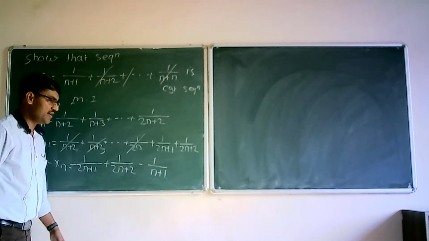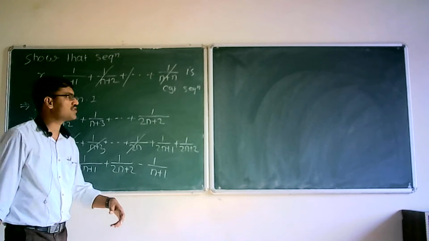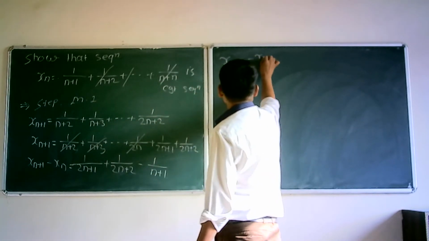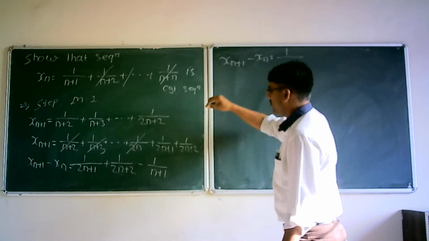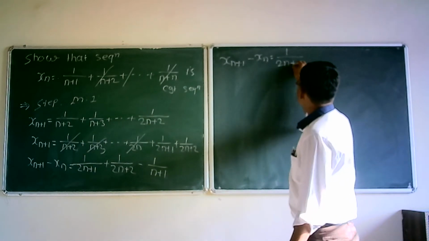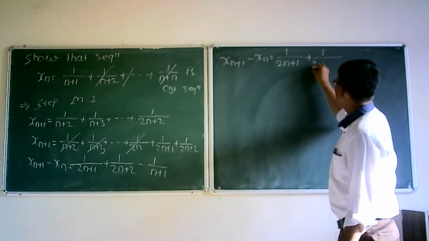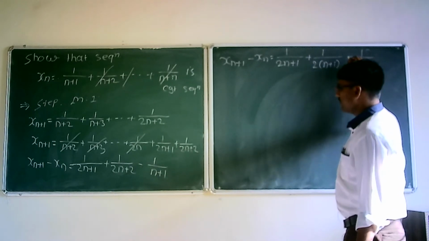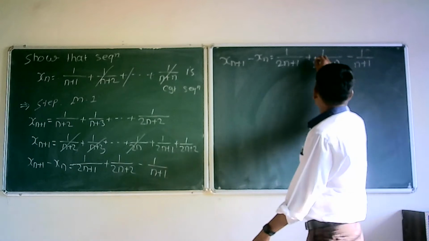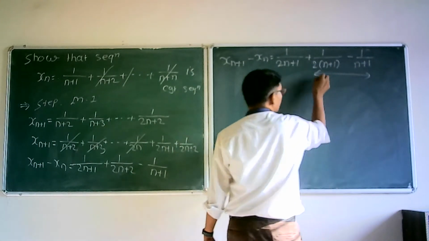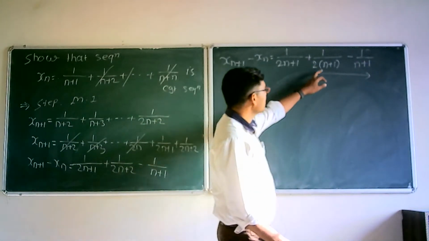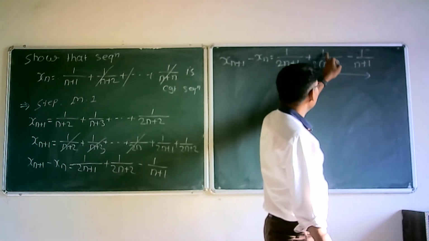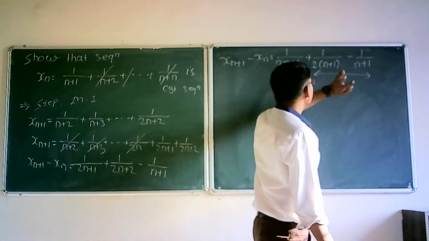If you simplify, taking 2 outside from the last term, xn plus 1 minus xn is equal to 1 upon twice n plus 1 plus 1 upon 2 times n plus 1 minus 1 upon n plus 1. If you take the LCM of these two terms, multiplying by 2, then 1 minus 2 is minus 1.